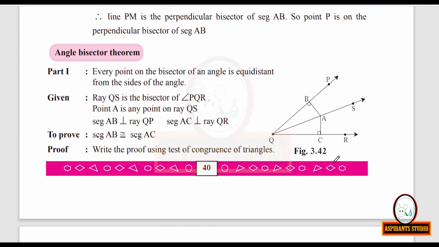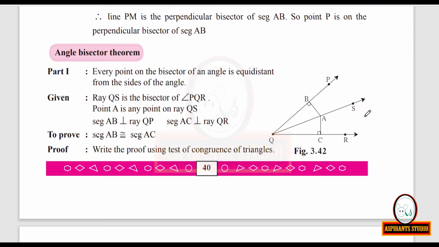Now coming to the next one. Angle bisector theorem. Every point on the bisector of an angle is equidistant from the sides of the angle.